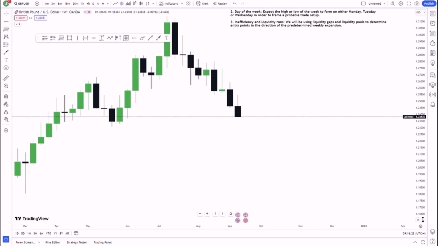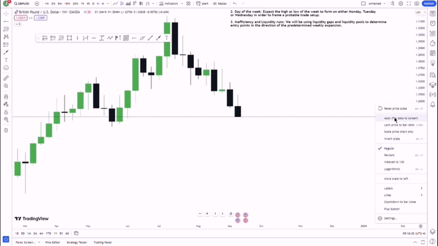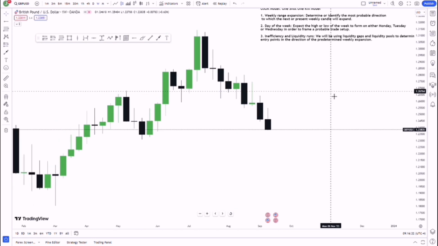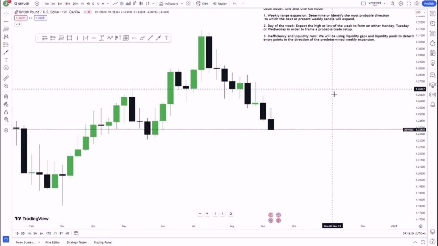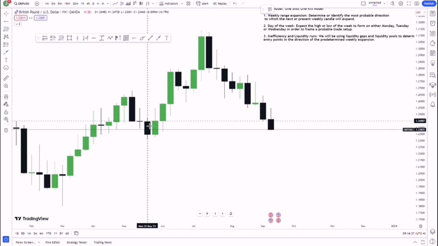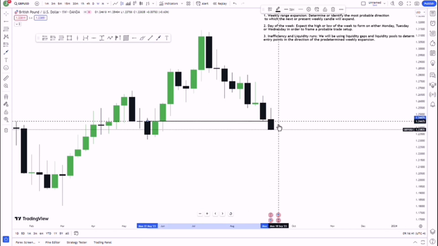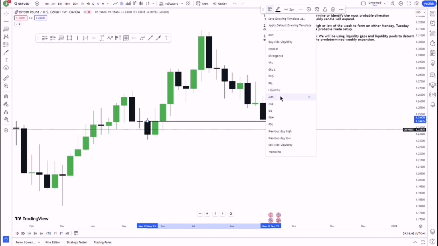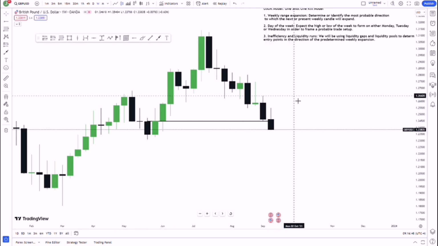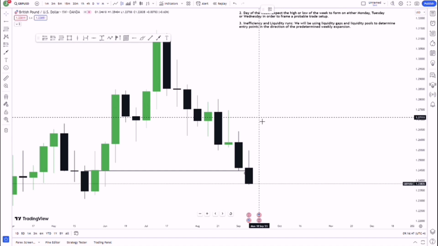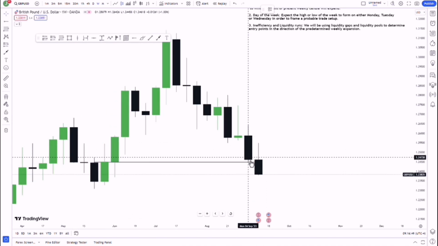So on the weekly time frame, we have an order block over here. Just see, yes, we have an order block over there. Before the start of this week, we had this candle over here touching the order block.